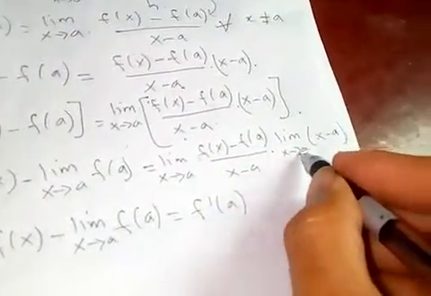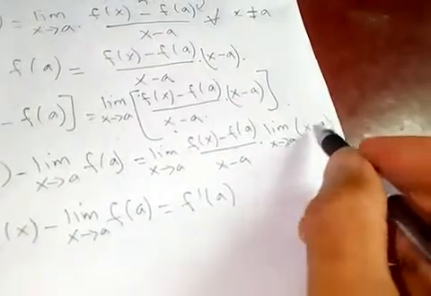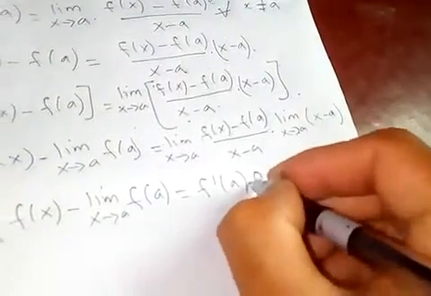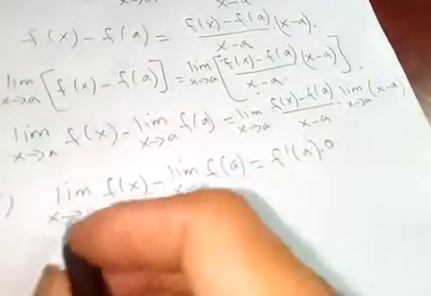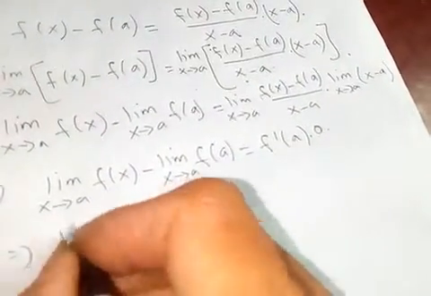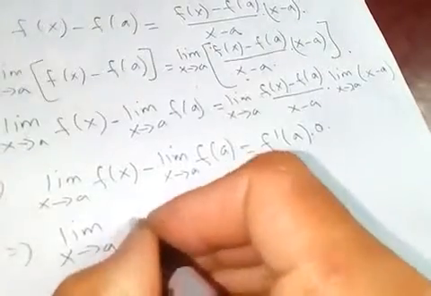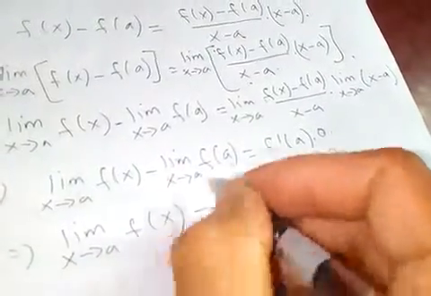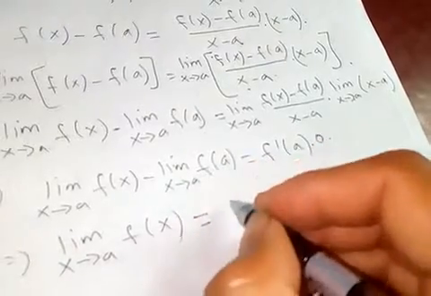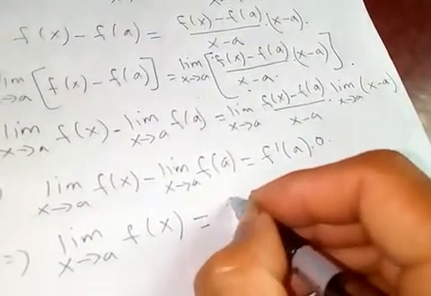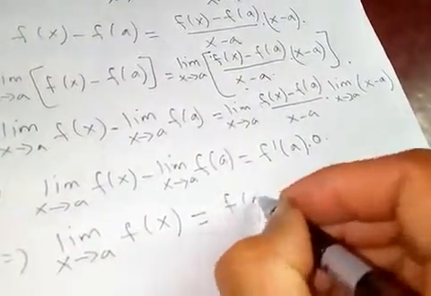And if you put x equal to a in x minus a, you will get 0, and 0 into something means 0. So limit x tends to a of f of x, I'm going to transfer here, so positive, and limit x tends to a of f of a will be f of a.